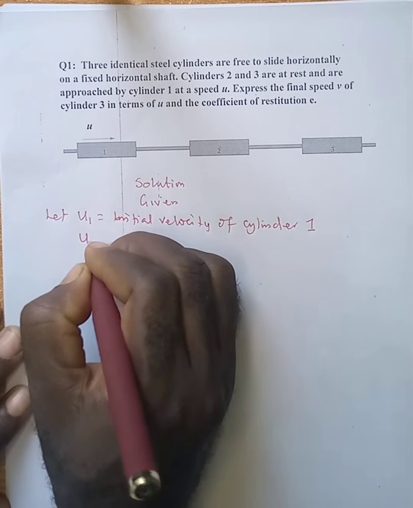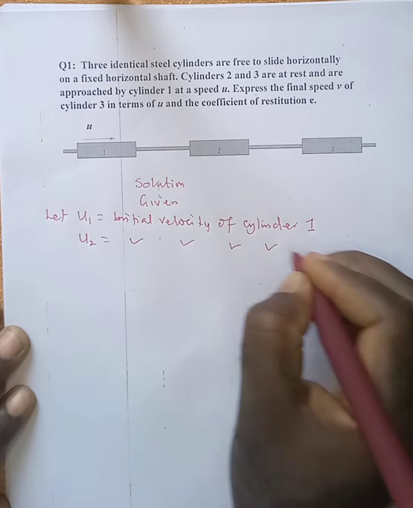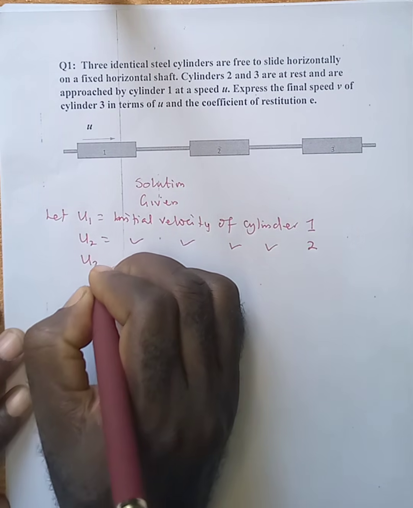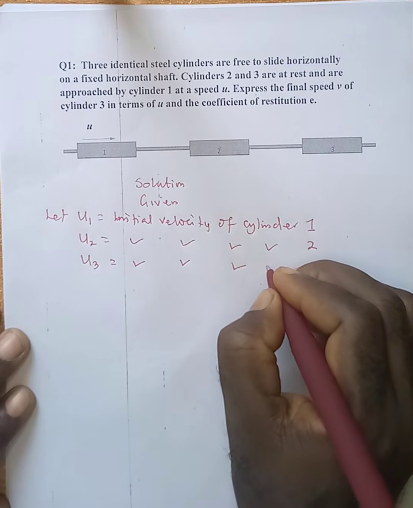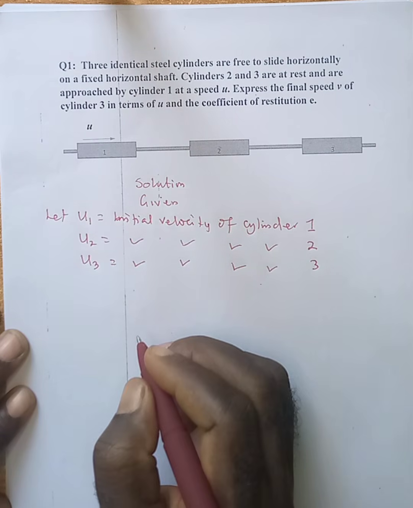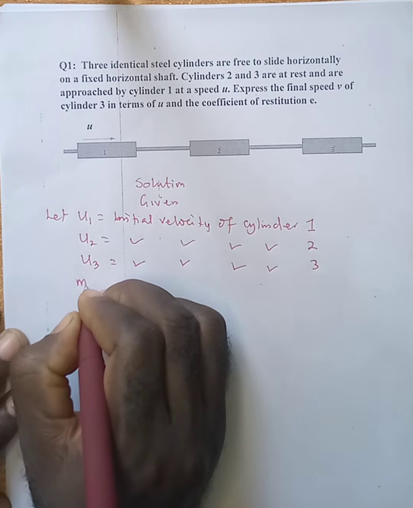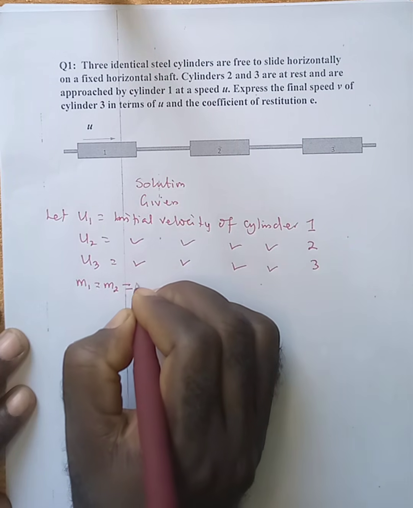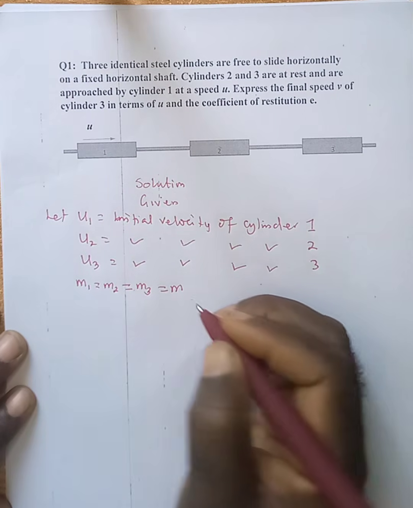Then u2 be the initial velocity of cylinder 2, u3 be the initial velocity of cylinder 3. And we're told that the three masses are equal. That is, the mass of body 1 is equal to mass of body 2 is equal to mass of body 3, which is equal to m.